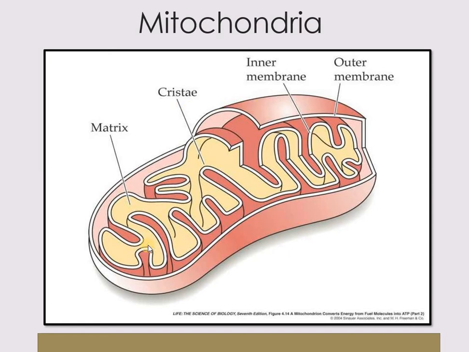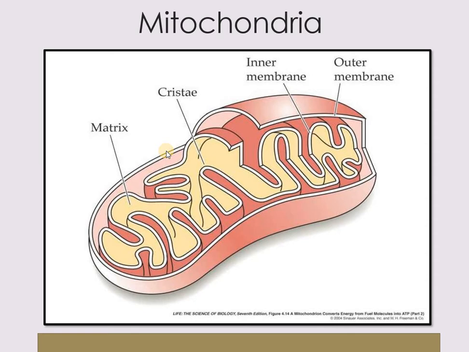The mitochondria are usually sausage-shaped, but they may be spherical, oval, cylindrical, filamentous, or even branched. Each mitochondria is bounded by a double membrane envelope.